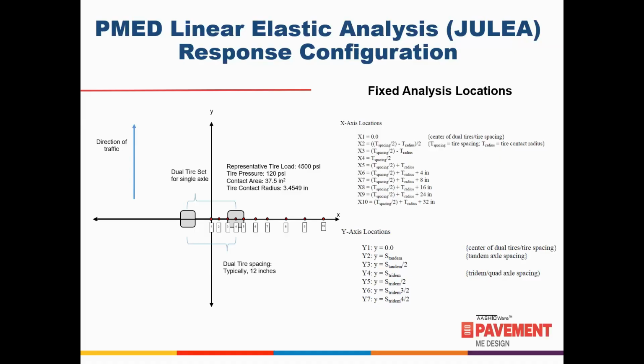In the y direction, the analysis points are also fixed, but these are based on the spacing from one set of wheels to the next set of wheels within either a tandem or a tridem or quad. And the tridem and quad axle spacing are combined. So the y-axis locations for tridem and quad are going to be the same for both.